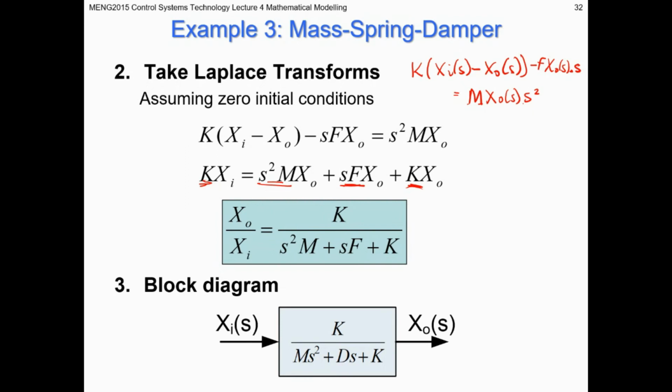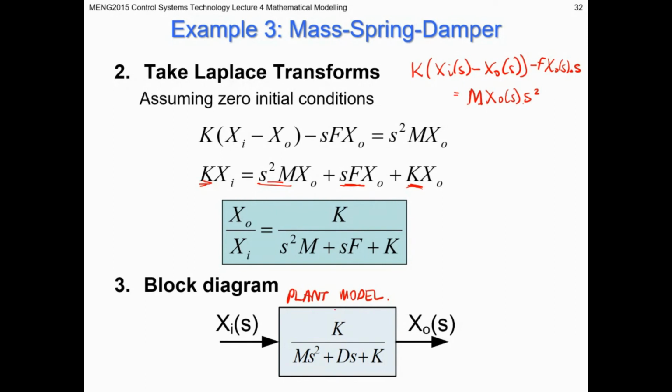That could then be put into a block diagram, and whatever our input is, we pass it through, multiply the input by our transfer function, and that will give us our output. Convenient block diagram form for our mass spring damper. So we could describe this now as our plant model.